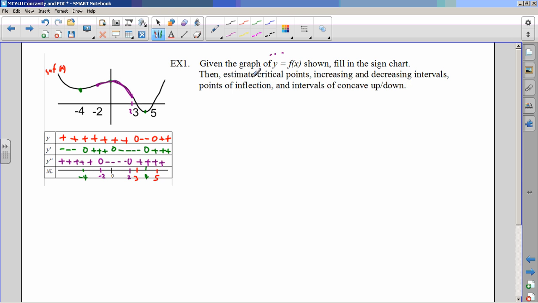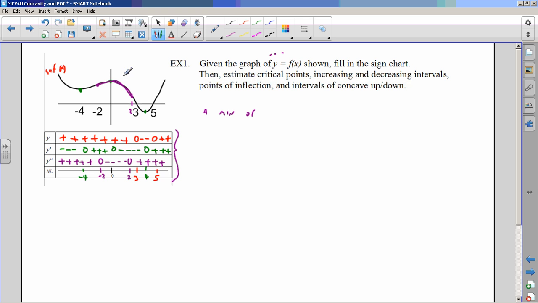Okay, and then it says, estimate critical points, increasing and decreasing intervals, points of inflection, and intervals of concave up and concave down. So the idea is, if we have this sign chart, these things should be easy to talk about. Critical points, well, we've got a minimum.